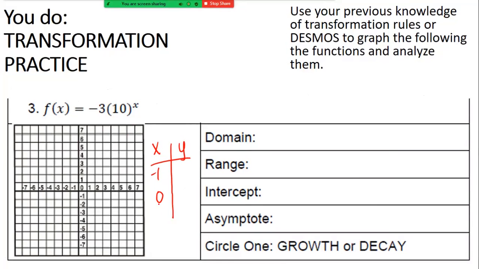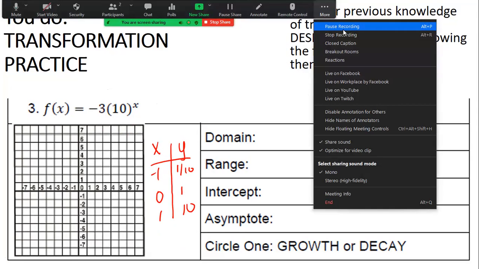So -1, 0, 1, our parent function is 1/10, 1, and 10. That's on our we do example. So do you have to do it with the table? No, if you choose to do it completely in the calculator, I'm okay with it. But choose your poison method.